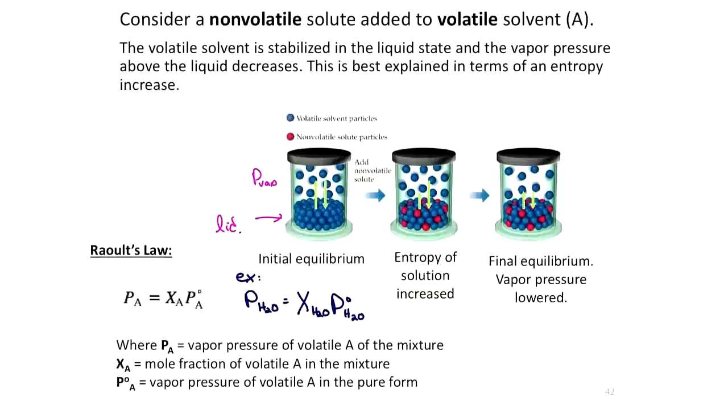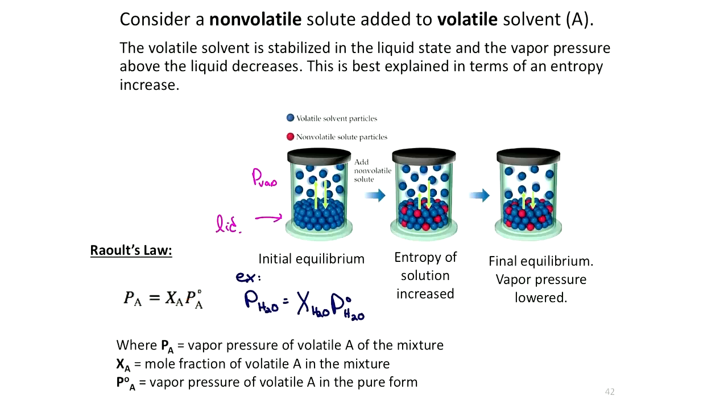All right, so dissolving anything in water will lower the vapor pressure of water, and it follows Raoult's law, where Raoult's law says that the vapor pressure of your liquid is equal to the mole fraction of your liquid in your mixture, your solution, times the vapor pressure of the pure liquid.